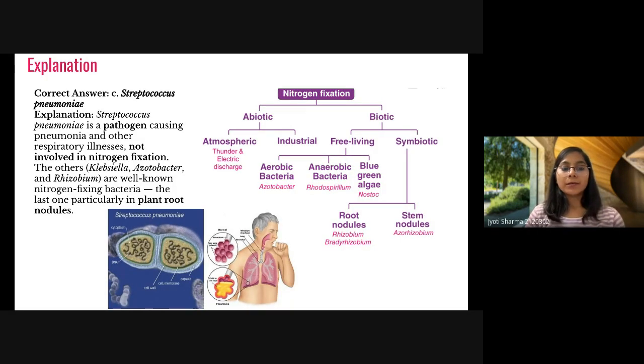And the others that we already have talked about, Klebsiella, Azotobacter, Rhizobium, are well-known nitrogen-fixing bacteria, particularly in plant root nodules. So we already have talked about this. Just see here, Azorhizobium and Rhizobium have a symbiotic relationship with the roots of the legume plants, or even with the stem nodules.